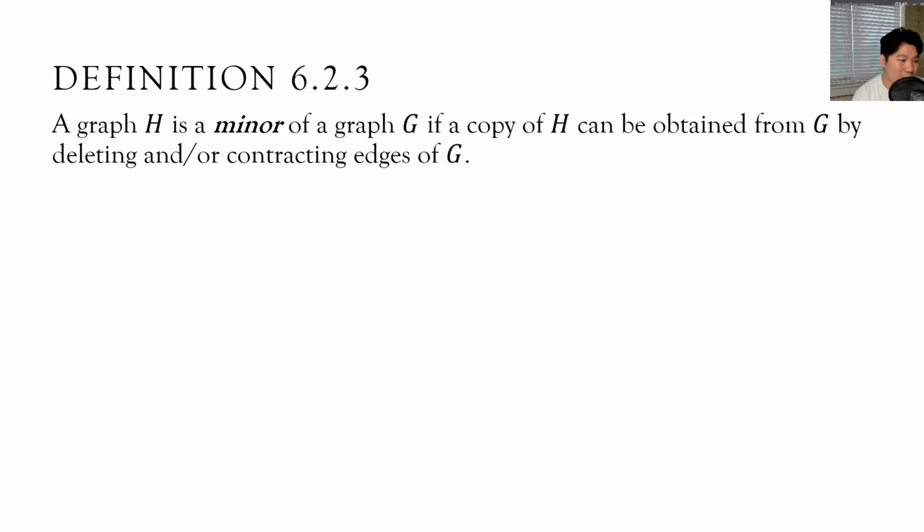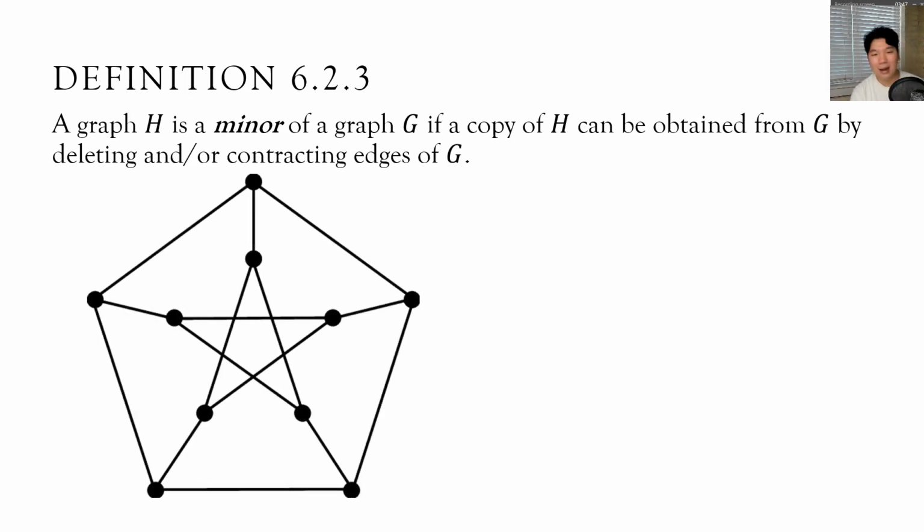So as a very quick example, here I have our famous Petersen graph. It looks like I have a pentagon with a star inscribed in the middle, and then the star and the 5-cycle on the outside are connected by single edges. If I consider these edges between my star and my outer 5-cycle, so let's see if I can draw this actually.